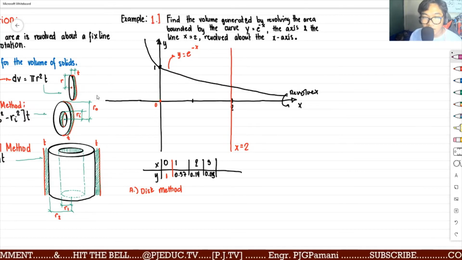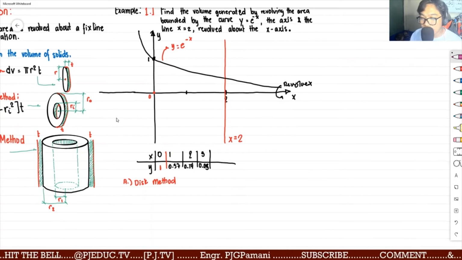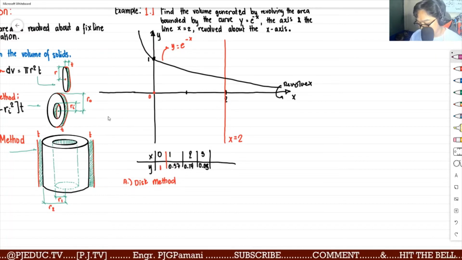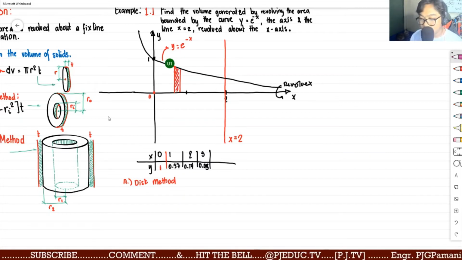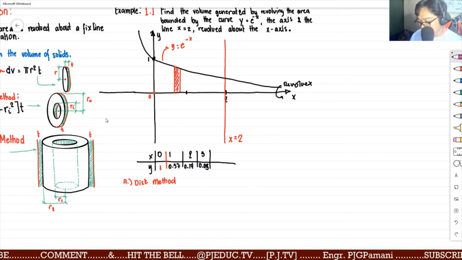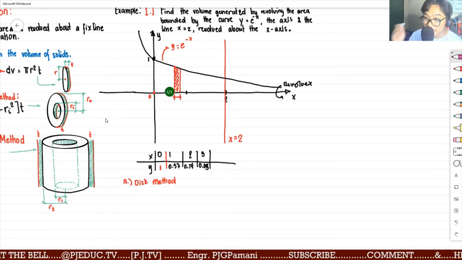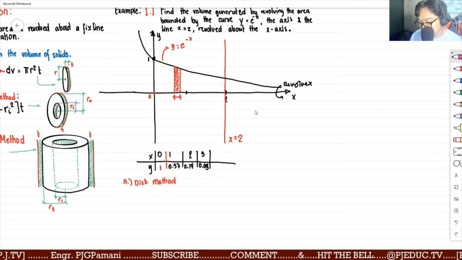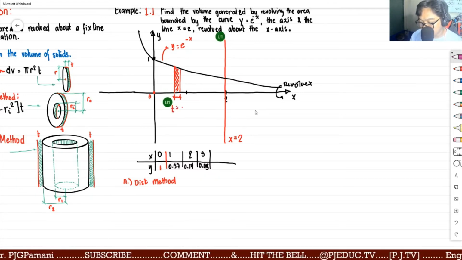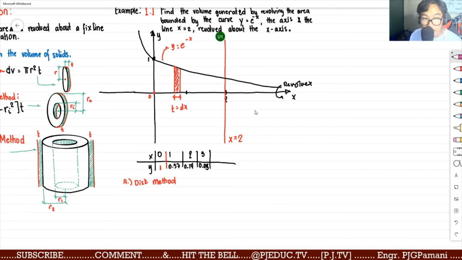But with this method, ang pinakamadaling gamitin dito na element is basically your vertical element. Anywhere naman yan. So with the vertical element, meron na tayong identified unknown thickness of the disc, which will then revolve along the x-axis. So this is your thickness with respect to the x-axis, that is dx.